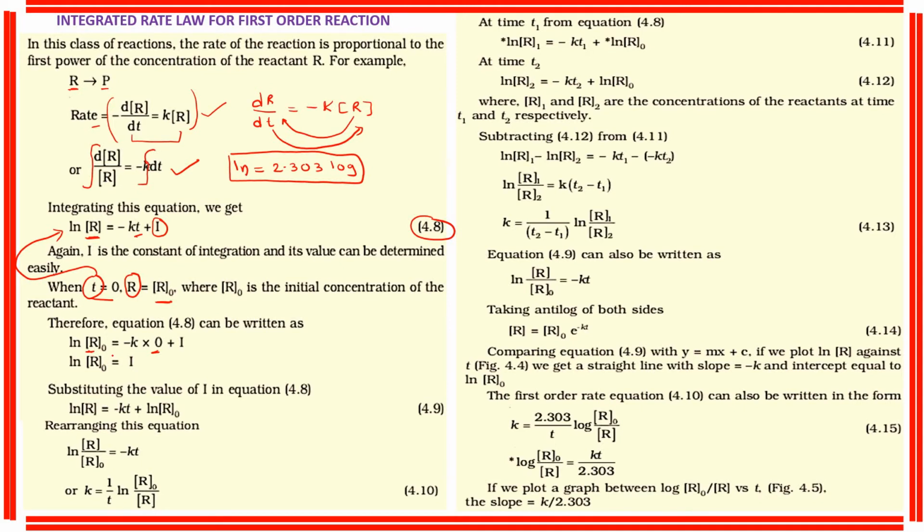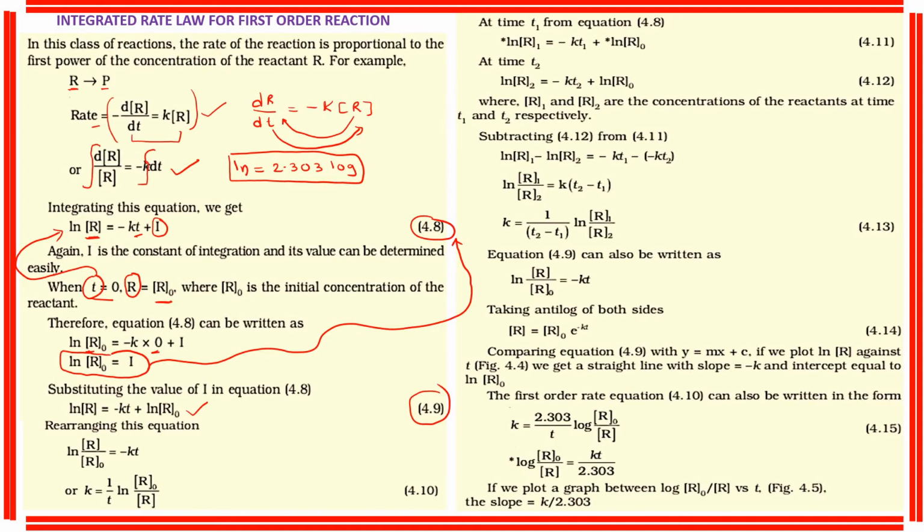So I is equal to ln R naught. Now substitute this I value again in equation 4.8. Once you substitute, you are going to get this expression. This is called 4.9, you take.